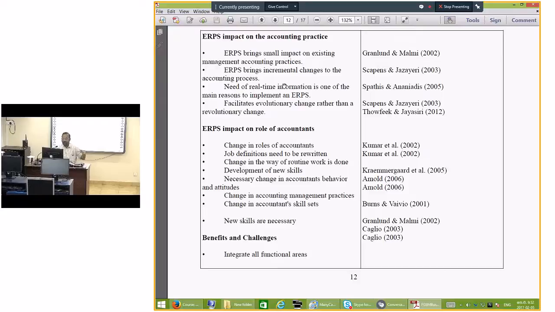Therefore, for the accounting practice, you have to divide into three categories: source document, ledger, preparation of financial statement, preparation of the internal management accounting reports, preparation of interpretation of the transaction, ratio analysis, and so on.